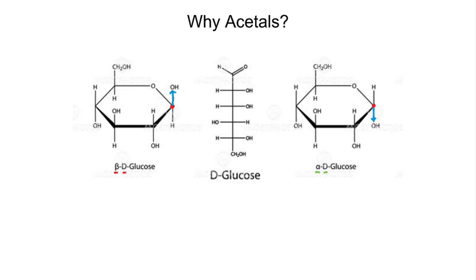So what's the difference between just D-glucose versus the alpha and beta forms? It's just two versions of that same one. This is D-glucose, and then this is just with that one flip. But why is the middle one not being labeled as alpha or beta?